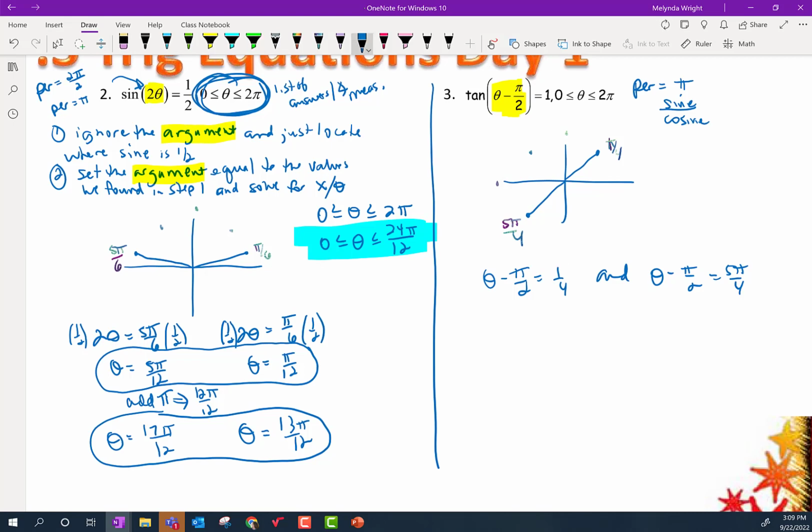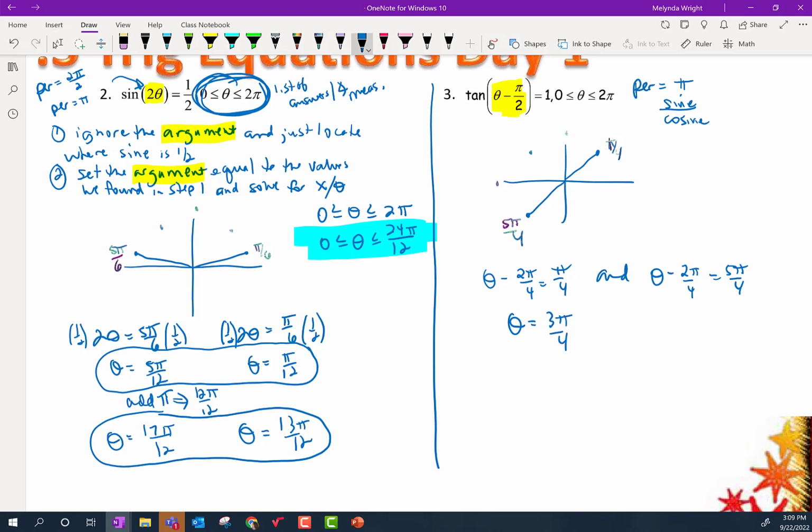All right, so I need common denominators because that's how fractions work. So I'm going to change pi over 2 to be 2 pi over 4, so it makes more sense. So that means theta would be, let's see, if I add that over, 1 pi over 4 plus 2 pi over 4 would be 3 pi over 4.